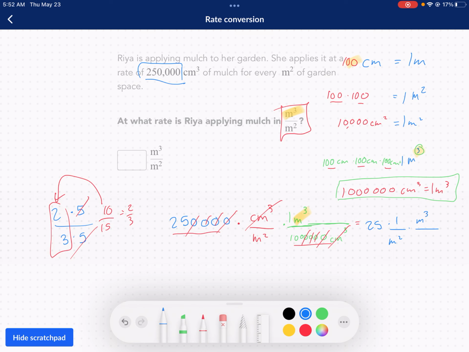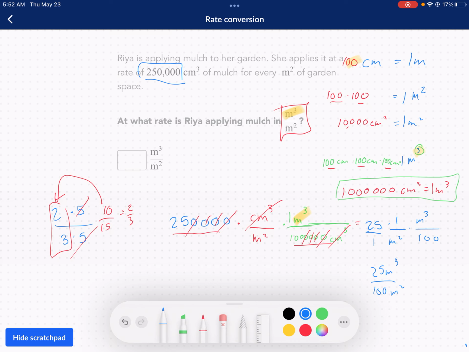I'm not going to put the 1 in front of it, over 100. So now I'm almost done here. If I want, I can always put this number out in front over 1 so you can see clearly what's the top and bottom. And we're just going to multiply across. So I have 25 meters cubed for every 100 meters squared. And that's my answer.